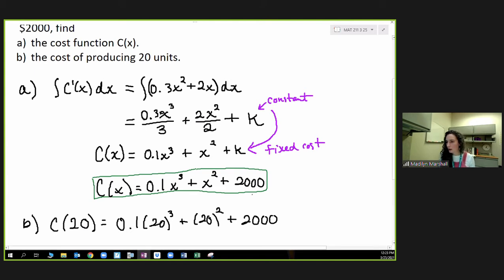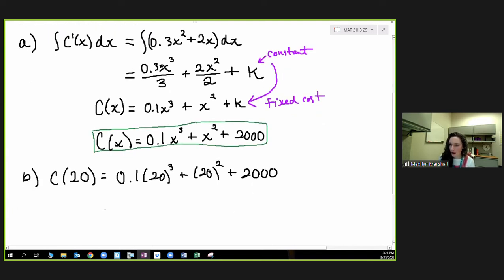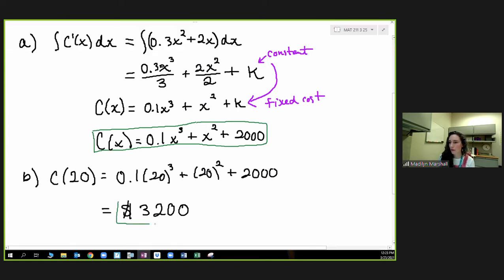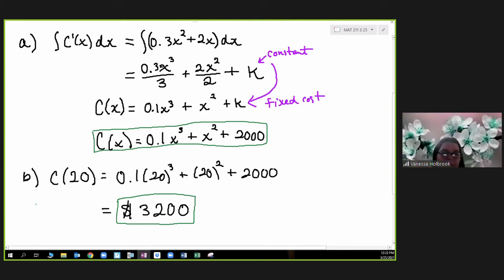Did I do that right? Yeah. So I am getting 3,200. I forgot my cube. Made a huge difference.